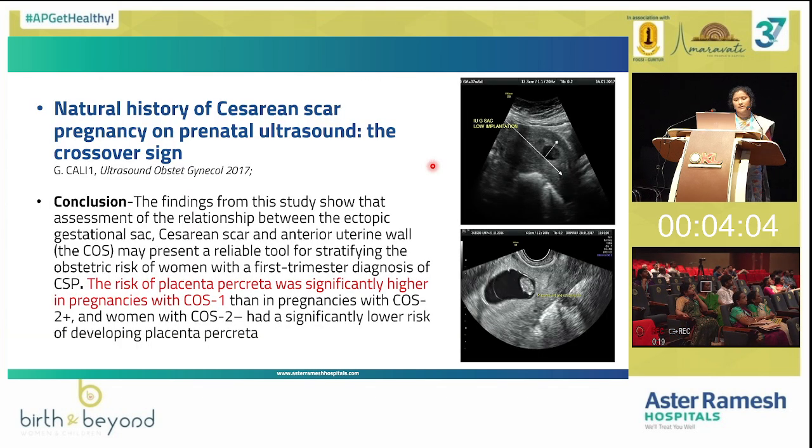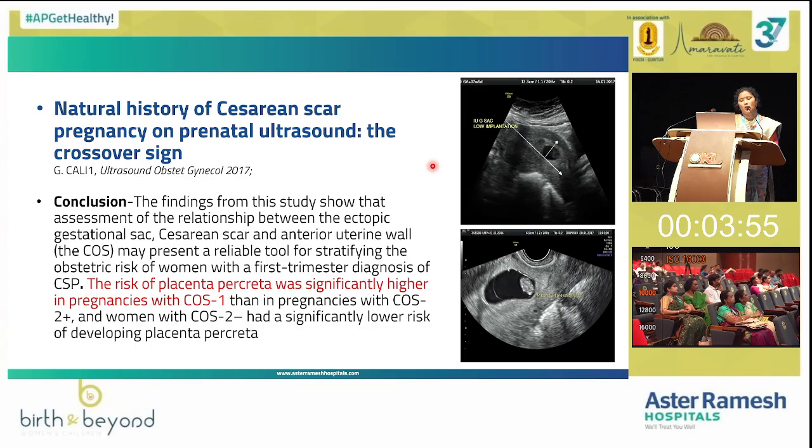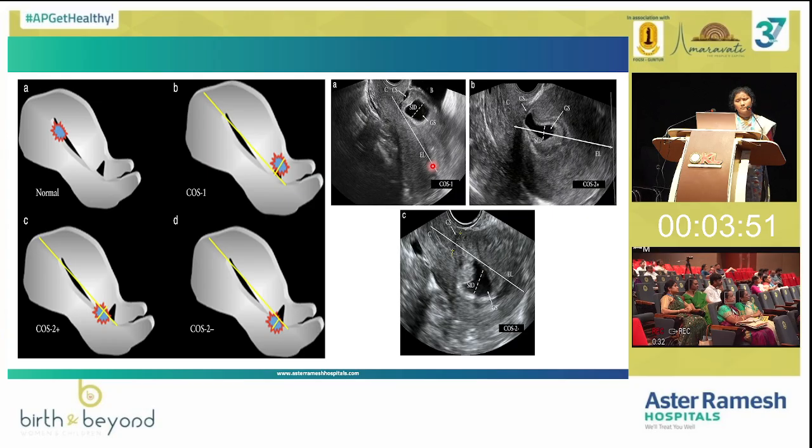The risk of placenta percreta was significantly higher in pregnancies with COS 1 than in pregnancies with COS 2 and women with COS minus 2. So if we see a gestational sac implanted completely in the uterine scar, we need to caution her that she has a chance of developing accreta if she continues the pregnancy.